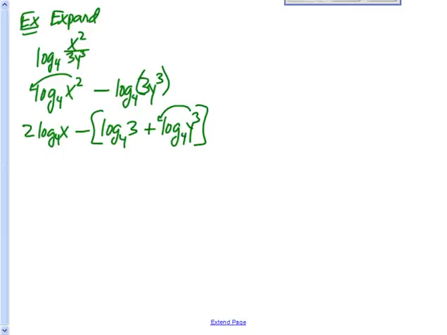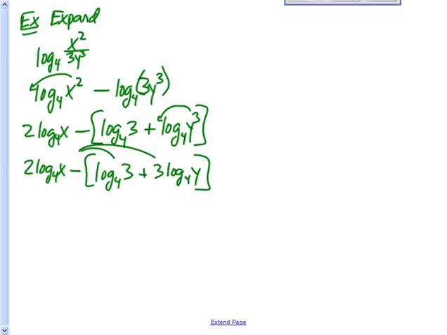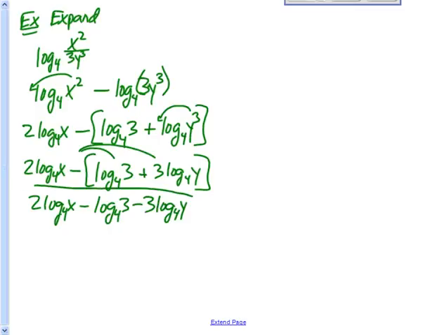Now we've got 2 log base 4 of x minus log base 4 of 3 plus 3 log base 4 of y. Now we're going to distribute that minus through. There it is, completely expanded.